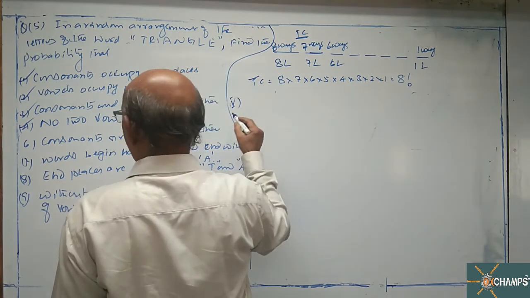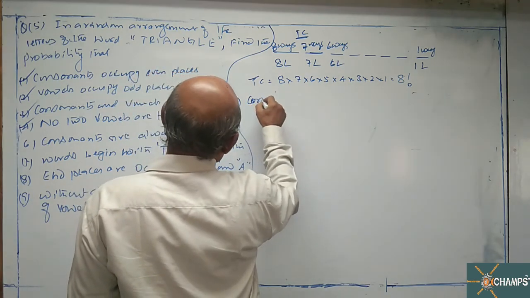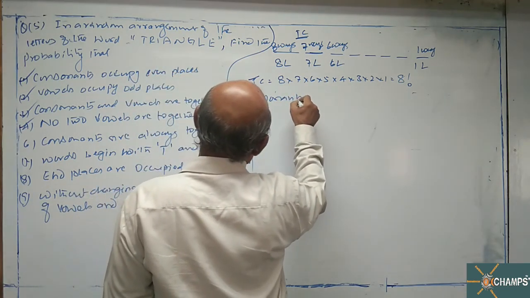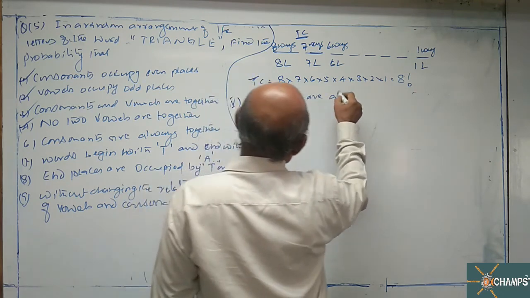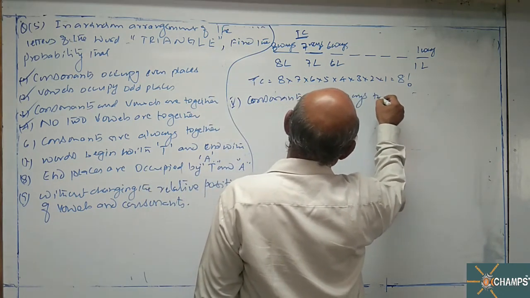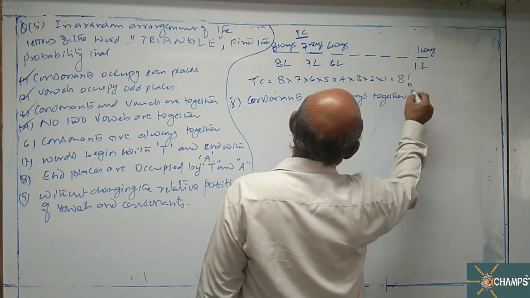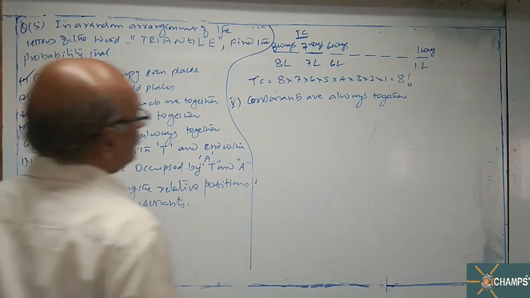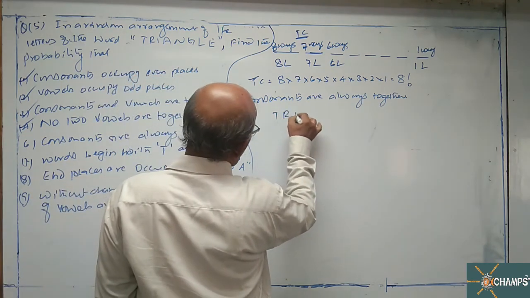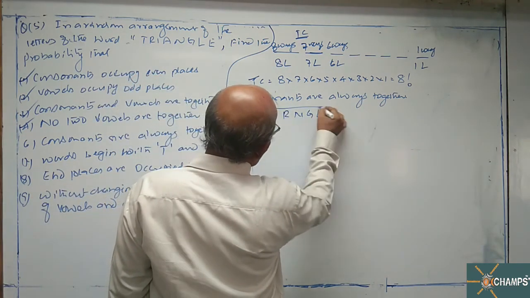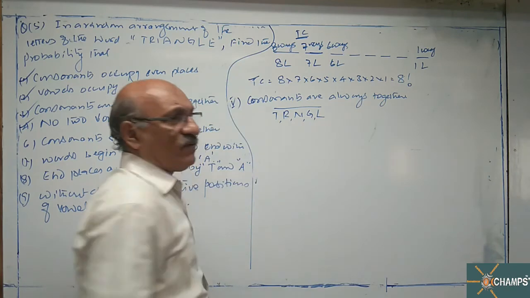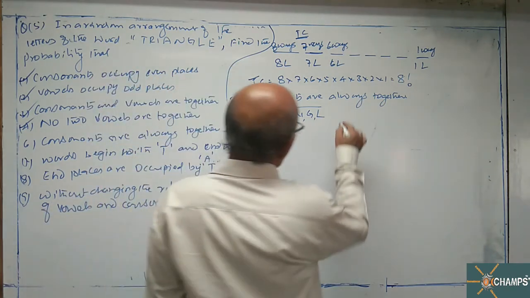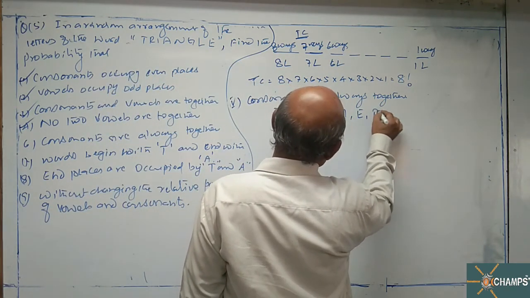Fifth question. Consonants are always together. This way, put consonants in one bracket. Then you write the vowels.